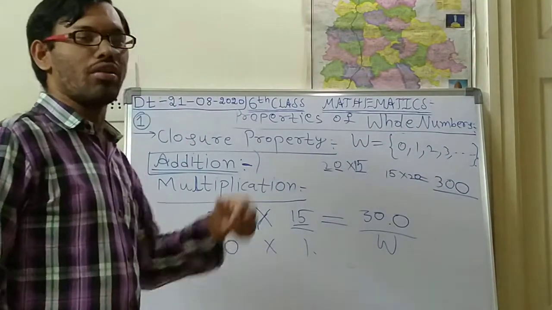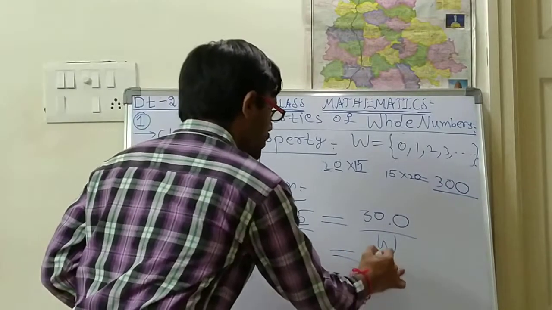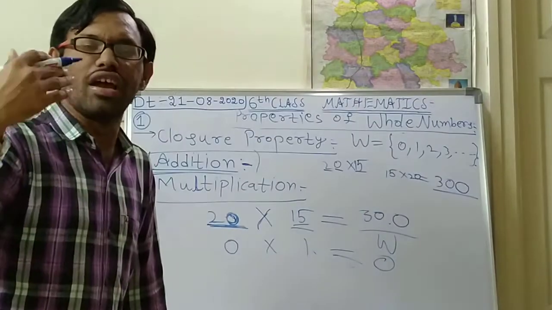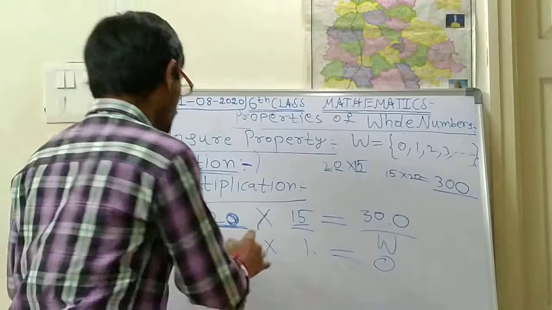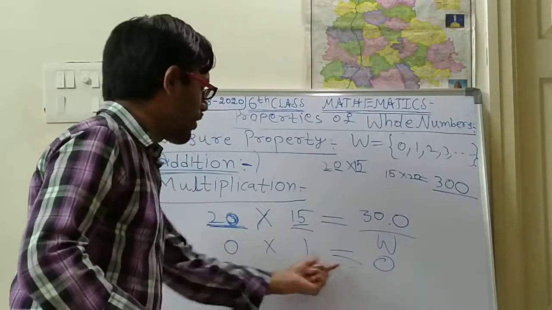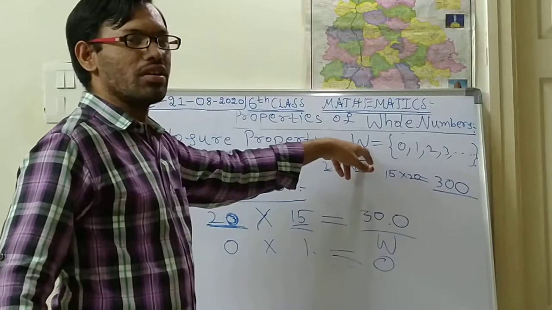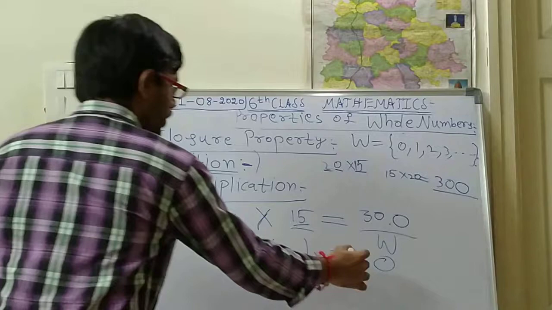So 0 into 1, what is 0 into 1? 0 into something is 0 only. 0 into 10 lakhs is 0, 0 into 90 lakhs is 0 only, 0 into 20 lakhs is 0 only. So here 0 into 1 is 0 only. 0 is the first whole number, that means 0 is also a whole number only. So with this, what can we say?